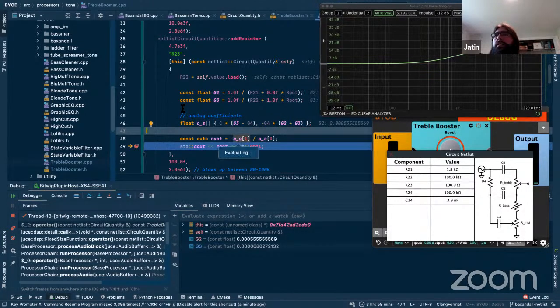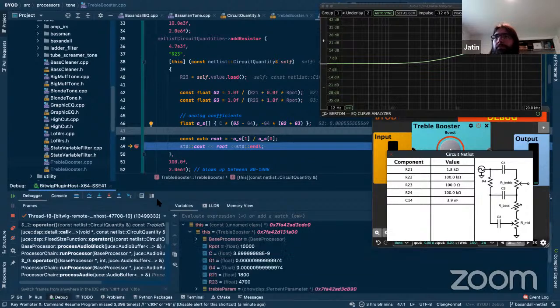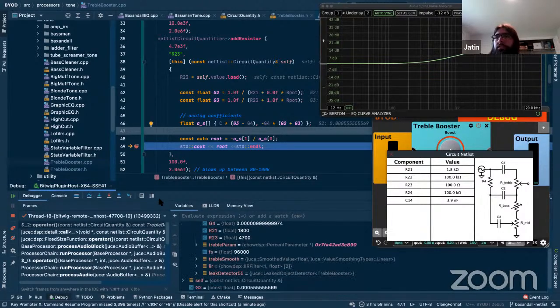Can I do it this way? Evaluating. Okay, so A sub S is 4 times 10 to the minus 41. So it's a really small number. That's A sub S 1. So that's the number here in this second spot here, right? Interesting that it's so small.